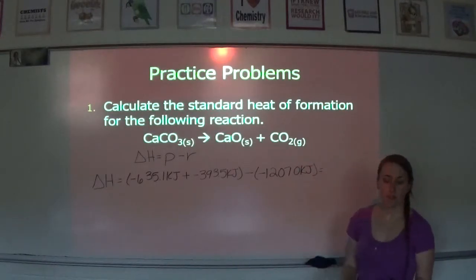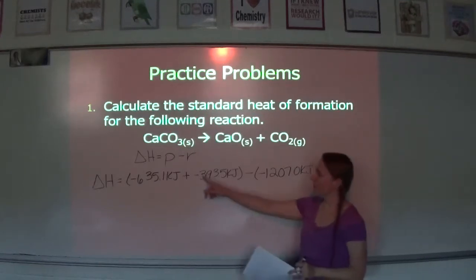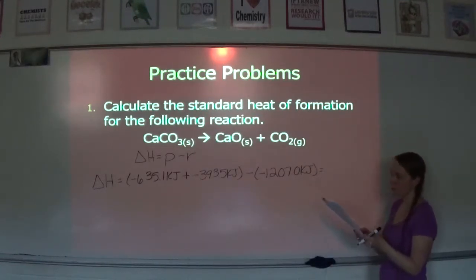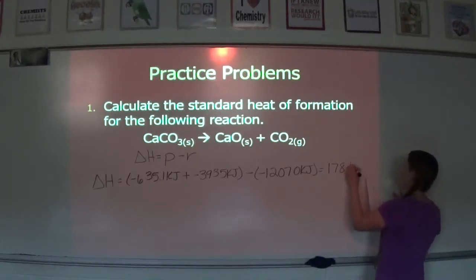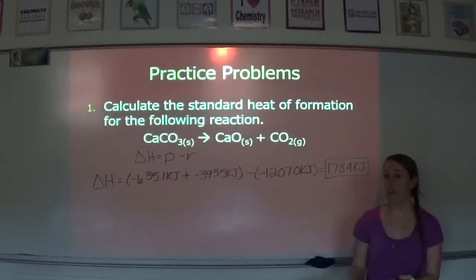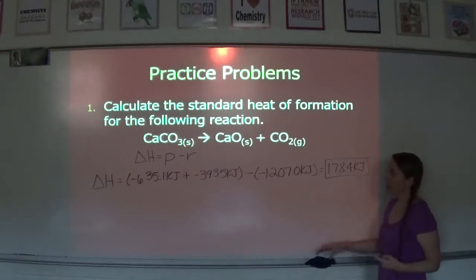And then I just solve. So like I said, the just solving is what you have to be the most careful of, is you have a lot of the negatives floating around and all those kind of things. It's real easy to make a little error. So I got 178.4 kilojoules for that one. Alright, so if you tried that on your own, hopefully you got it right. If you waited to see another one, then just try the next one on your own.